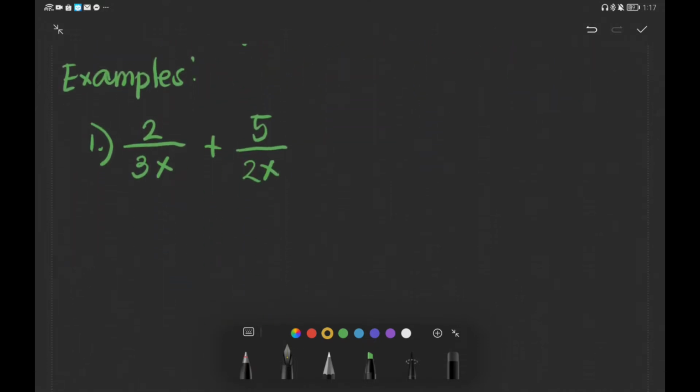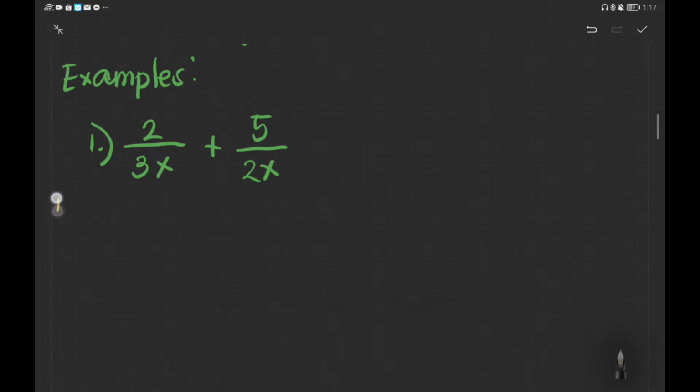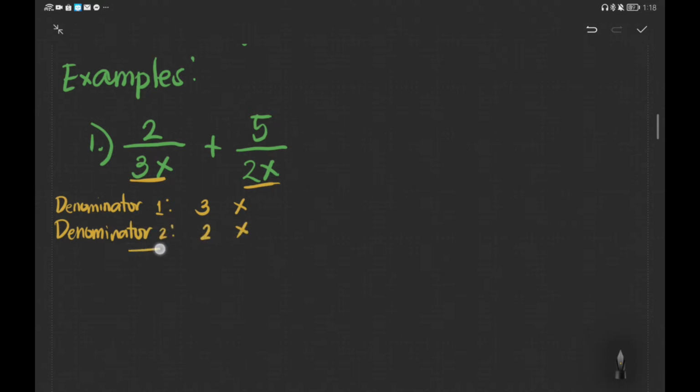Now let's first identify the denominators. We have denominator 1, which is 3 times x. Ikaduha kani, denominator 2, that is 2 times x.